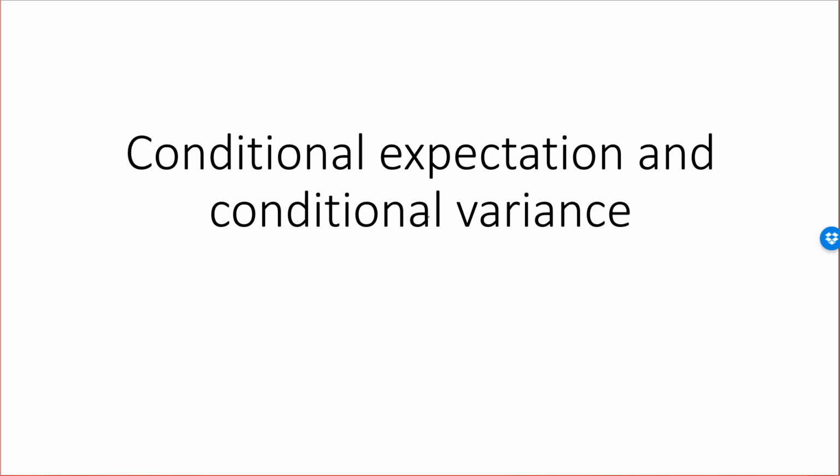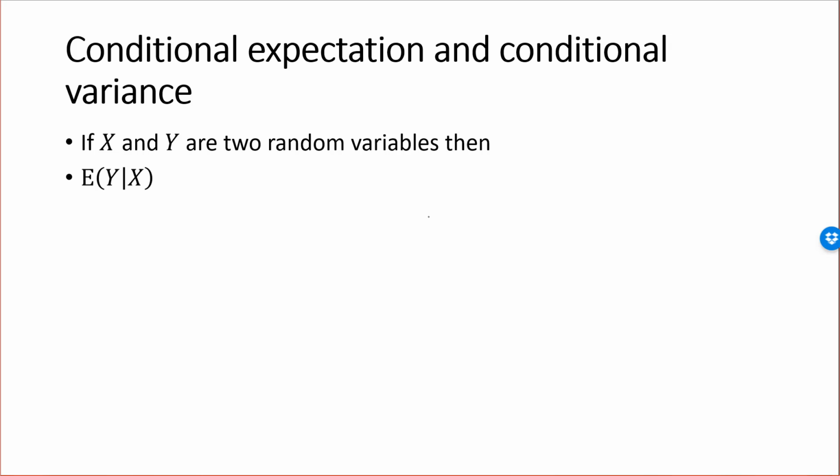So let's have a look at this. We have two random variables. Conditional expectation and variance require at least two. So x and y are two random variables. Then this is the notation for the expected value of y conditionally on x. And in this case, I haven't specified a particular value of x.